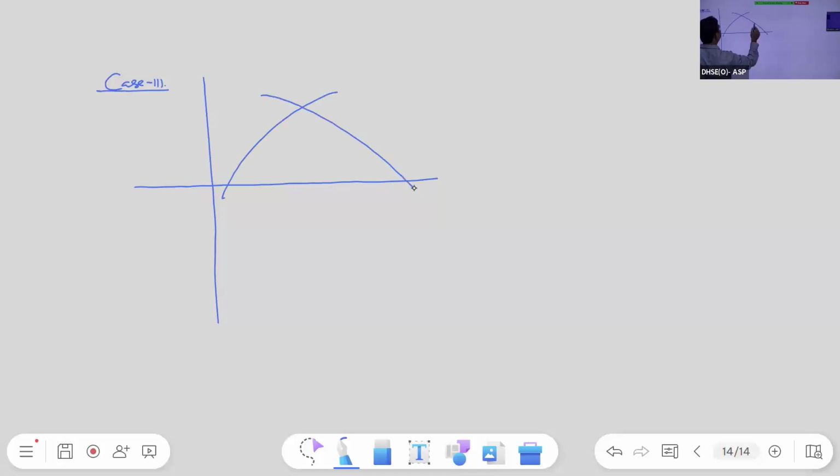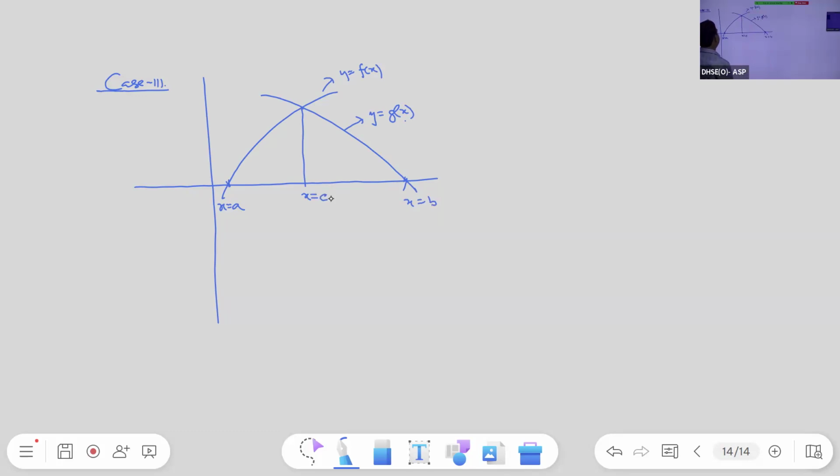Then come to case 3. So this is y is equal to f of x. This is y is equal to g of x. x is equal to a. This is x is equal to b. And let the x coordinate of a point of intersection of these two curves be c. This is x is equal to c.